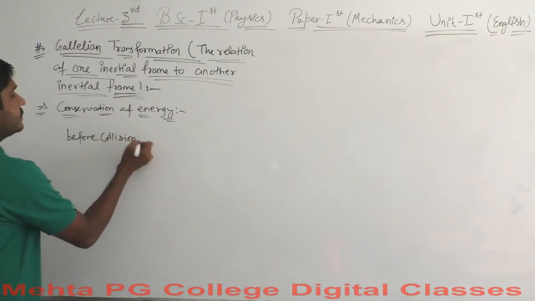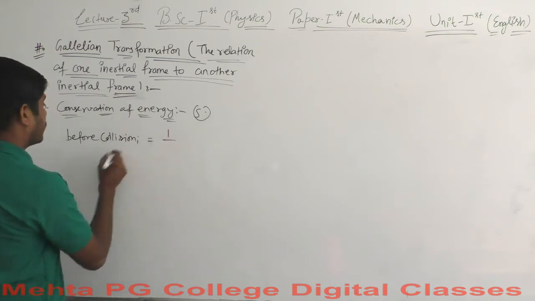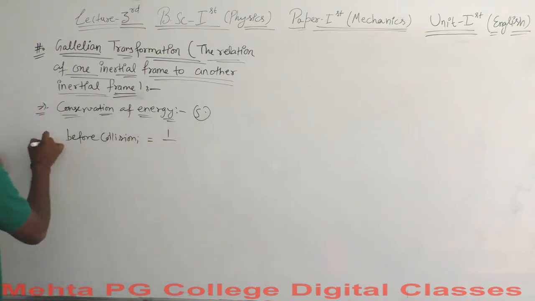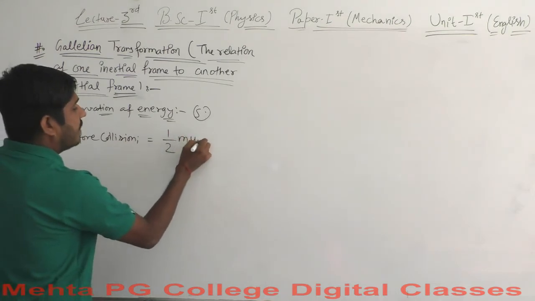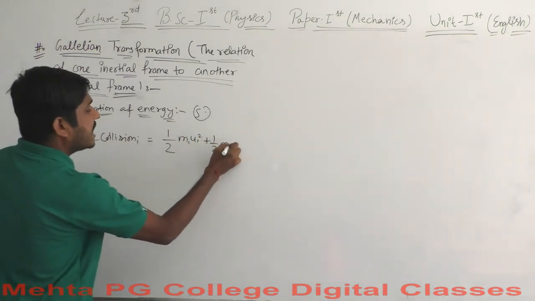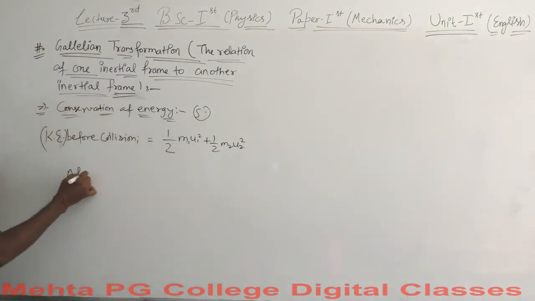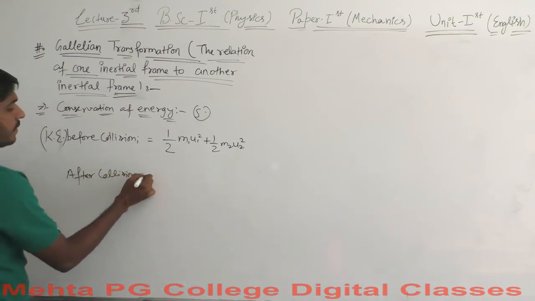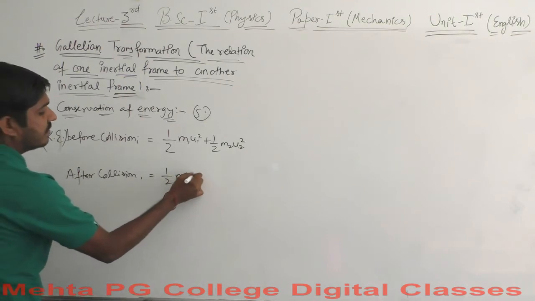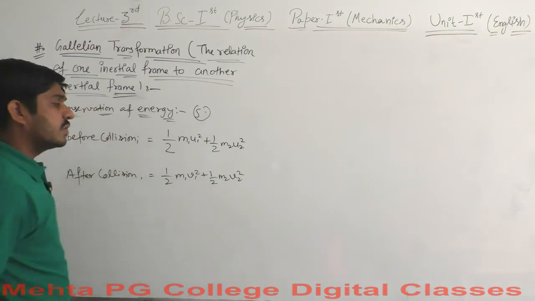Before collision, this is for the frame S. The total kinetic energy before collision, we are talking about the kinetic energy, is half m1 u1 square plus half m2 u2 square, and after collision half m1 v1 square plus half m2 v2 square.